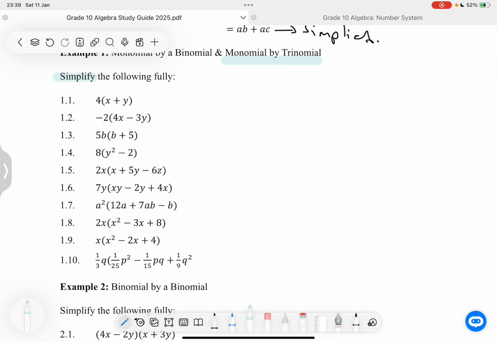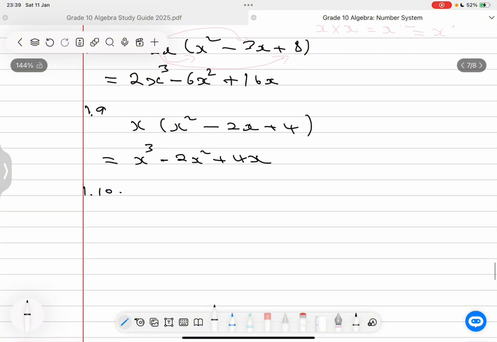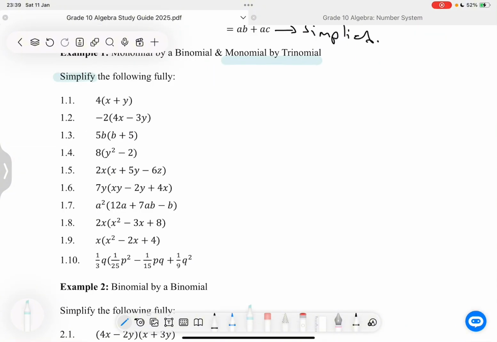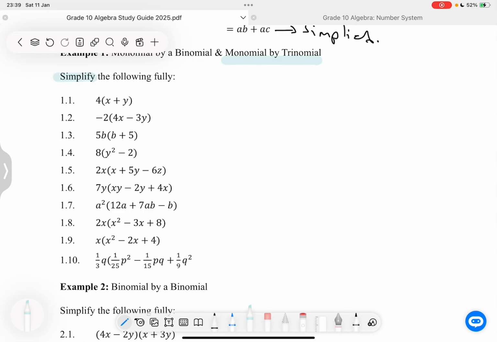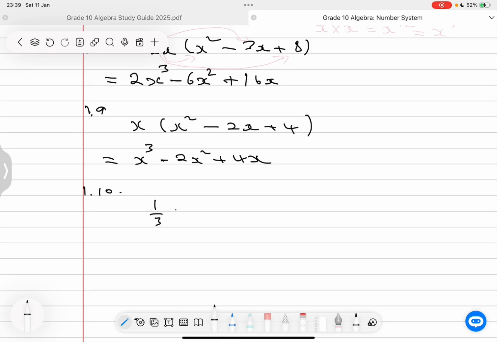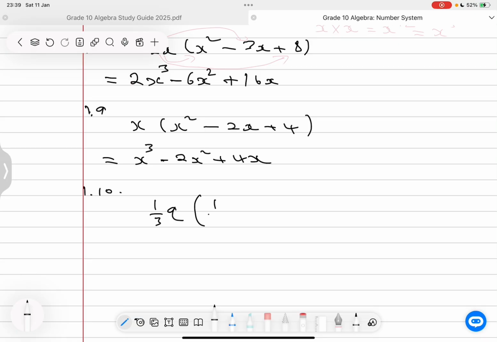Then we have the last question there, 1.10. It looks complicated. That's an interesting one, right? We have here 1 over 3q, and we have 1 over 25 p squared.